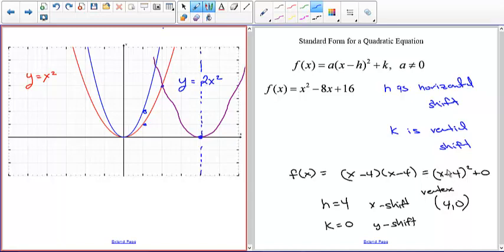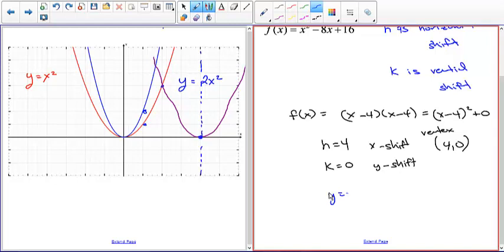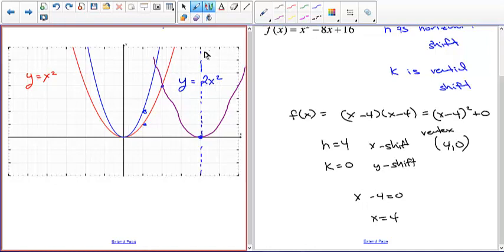This x minus 4, so if you say y equals x minus 4, actually that's not right. What you do is set that equal to 0, x minus 4 equals 0, or x equals 4. So this line here is x equals 4. The vertical line is just the line with x equal to the value of the x coordinate of the vertex.